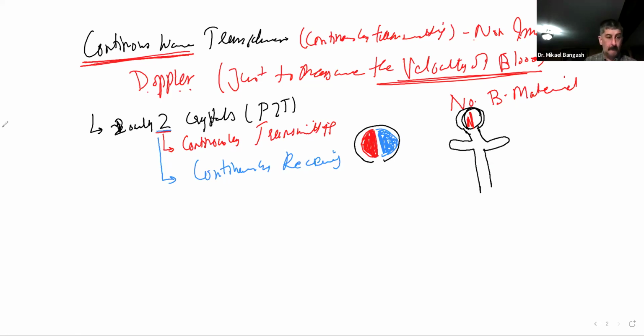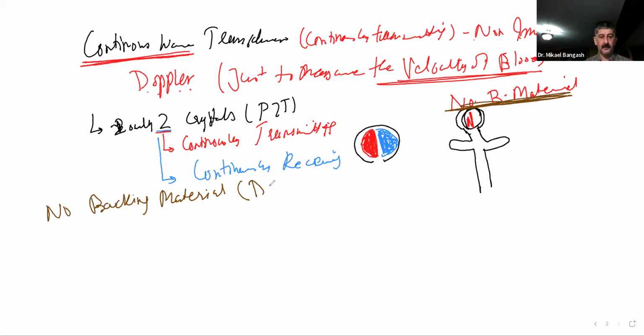Now, the other point that we said was that it had no backing material. Okay, there's no backing material.